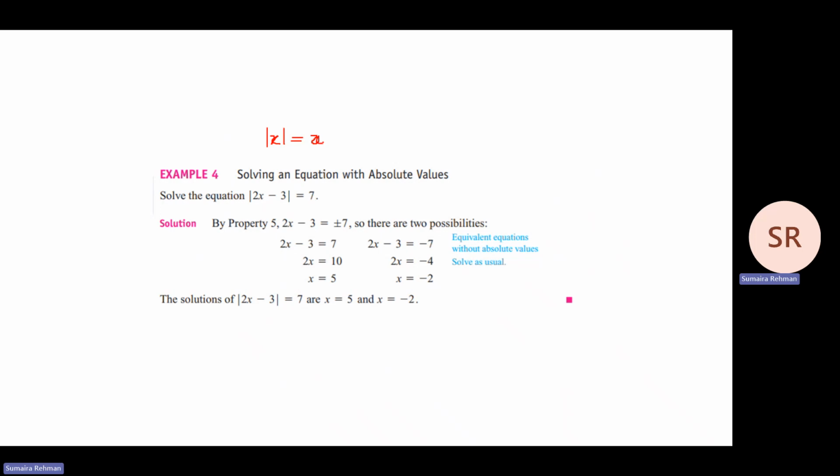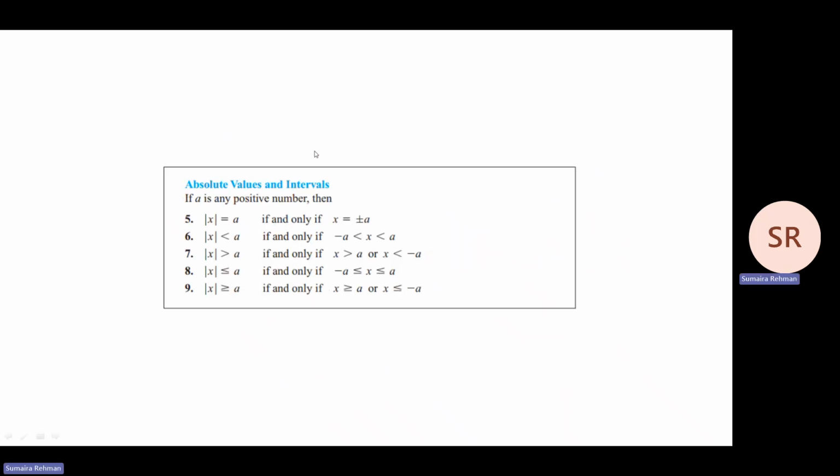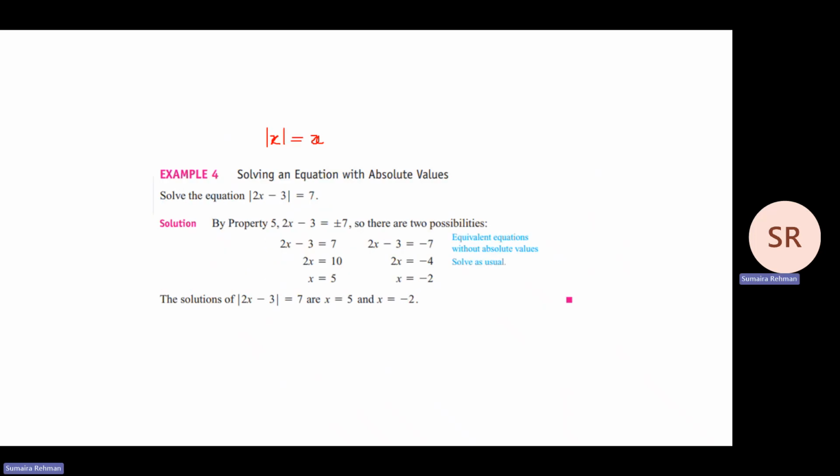Actually, this is very difficult to write over here. So this was the property. Now our question is in the form of the absolute value of x equal to 7 over here.